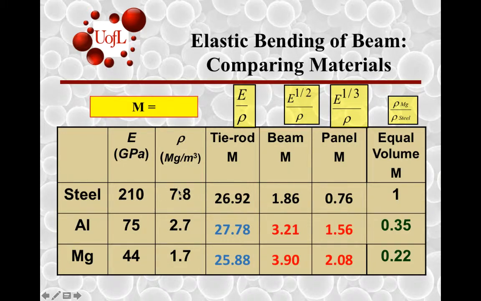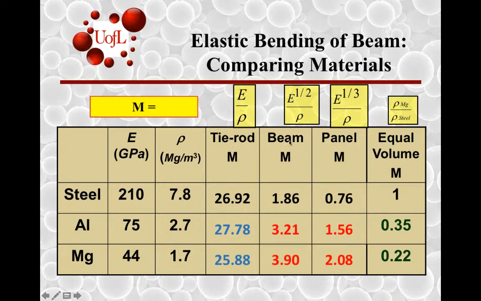So 210 divided by 7.8, which is roughly 27. 75 divided by 2.7 for the tie rod, about 27 again. 44 divided by 1.7, 26. So very close to 27. So you see, for a tie rod, it really does not care which of these three materials it's built of. The function is pretty much the same. It's dominated by the E by rho ratio.